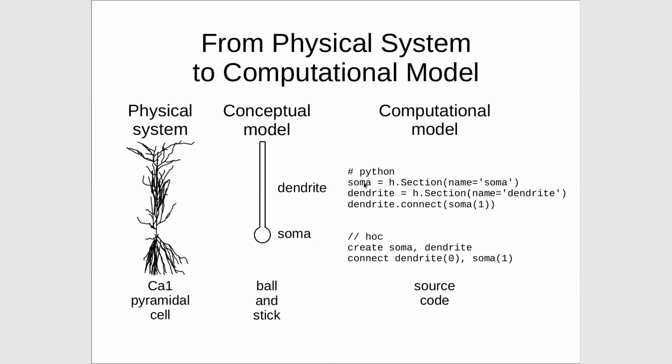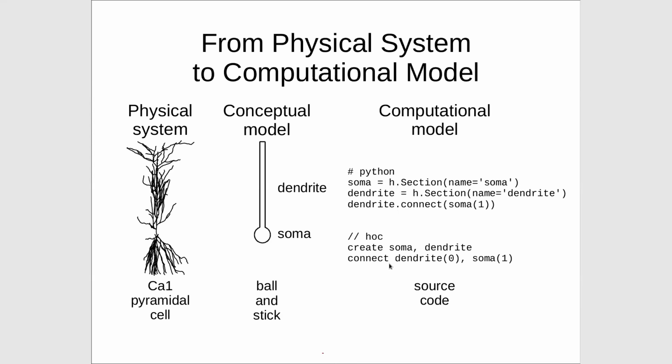Well, in Python, using NEURON, we can create a neuron model in which we represent the soma and the dendrite, and we've connected one end of the dendrite to an end of the soma, and that gives us a model that then the computer can solve the response to various input stimuli.